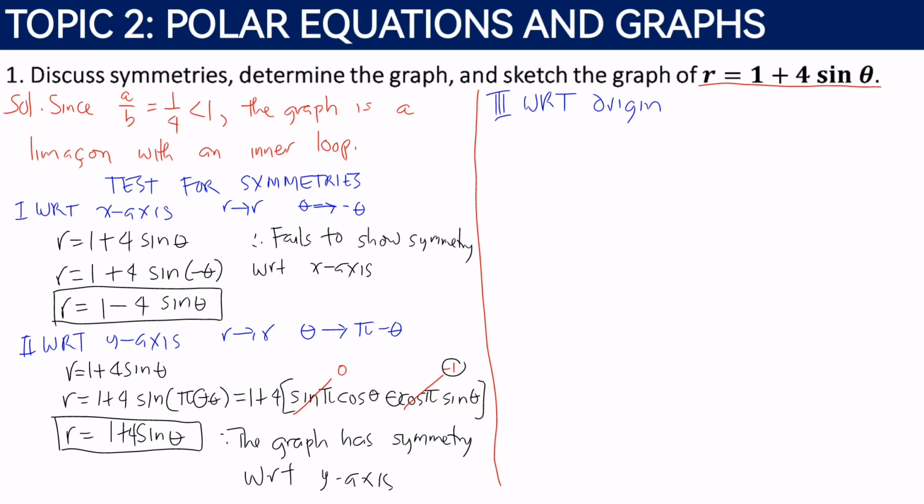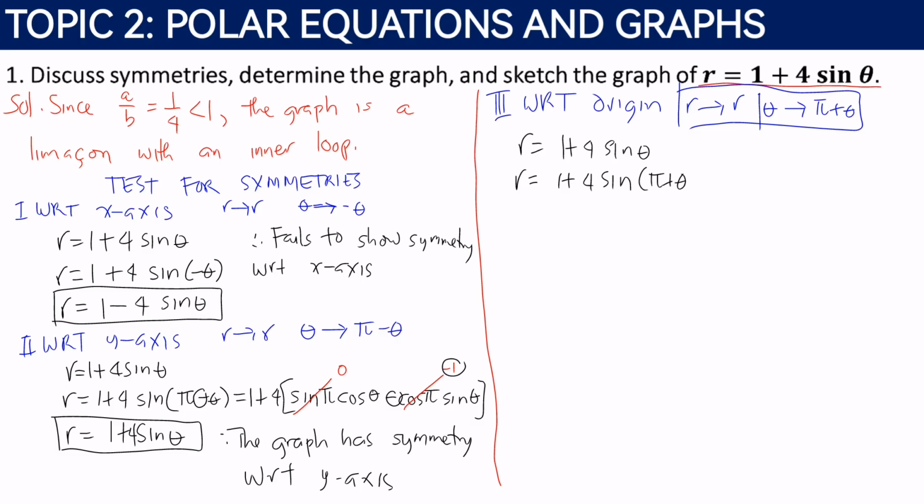So what we're going to do here, retain r, theta replaced by pi plus theta. Copying the equation, we have r equal to 1 plus 4 sine of theta. Retain r. Replace theta by pi plus theta.